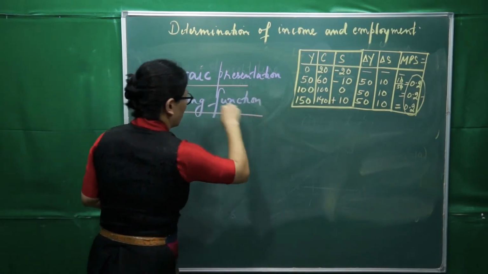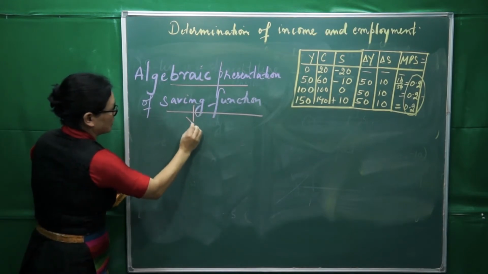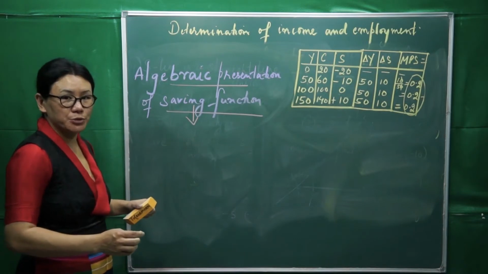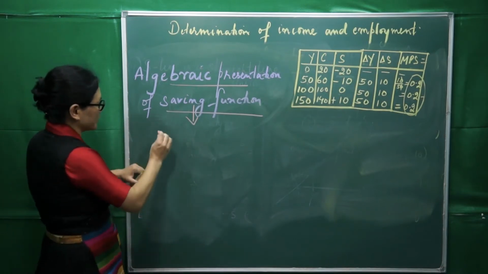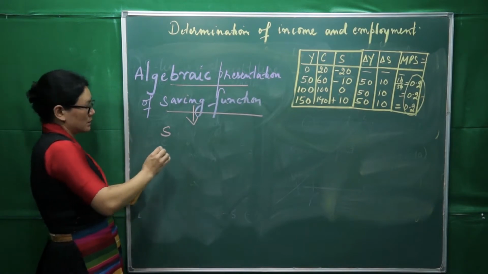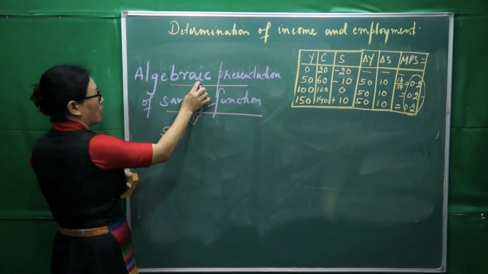As I said before, this saving function is the functional relationship between income and S, right? So the functional relationship is in this form, right?